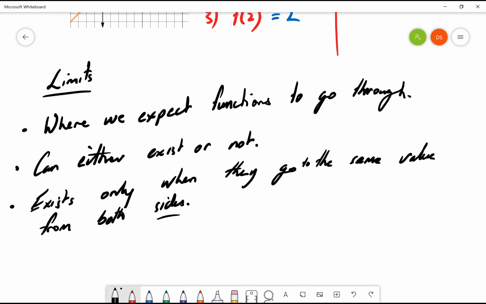So, once again, this has a limit. What is f of x for that graph?